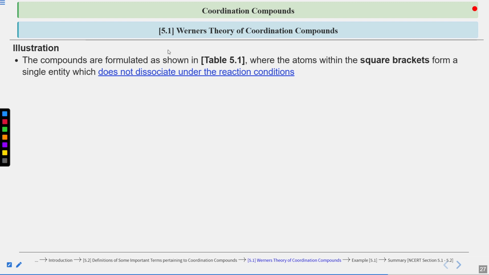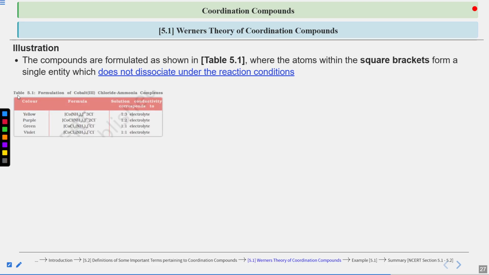The compounds are formulated as shown in table 5.1, where the atoms within the square brackets form a single entity which does not dissociate under the reaction conditions.